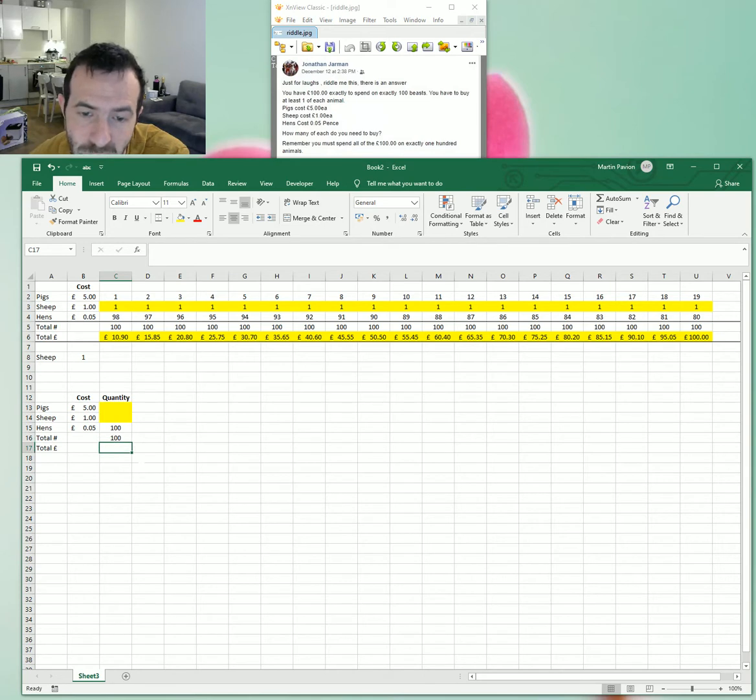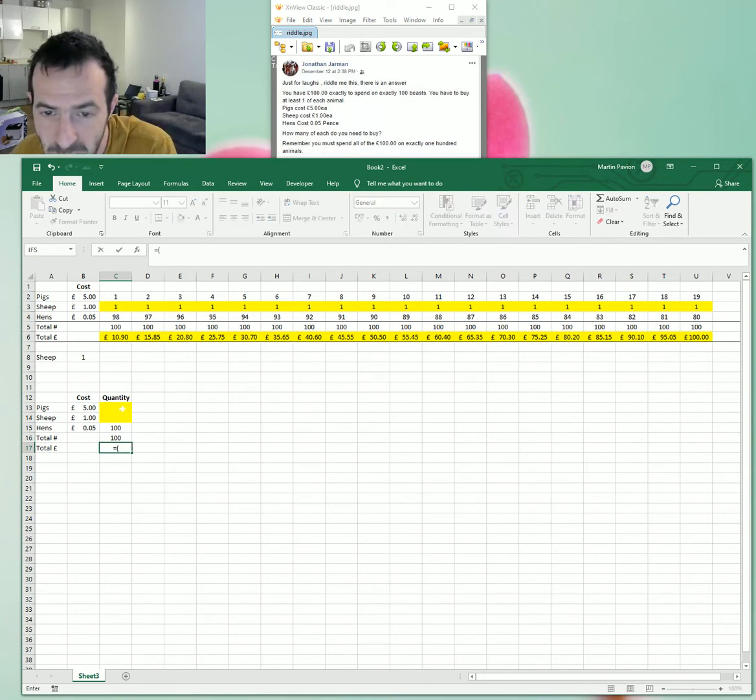And again, do you remember that total cost is going to be equals the number of pigs times the cost of pigs plus the number of sheep times the cost of sheep plus the number of hens times the cost of the hens.